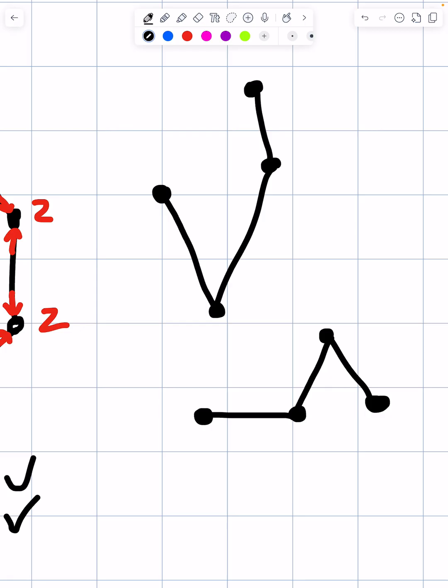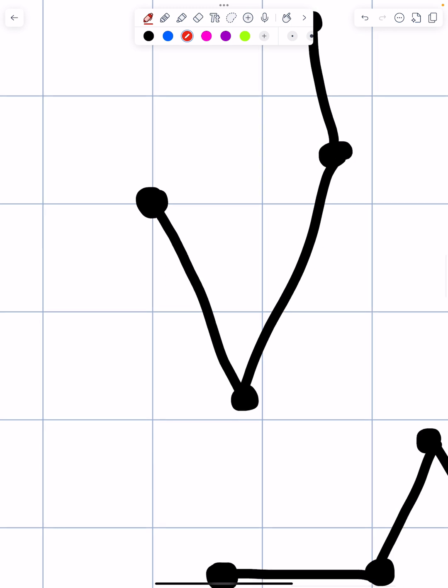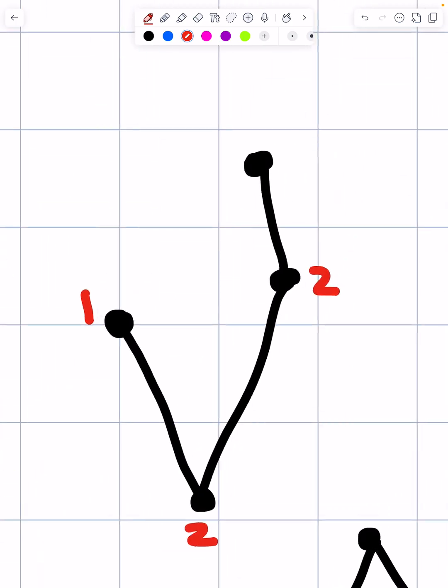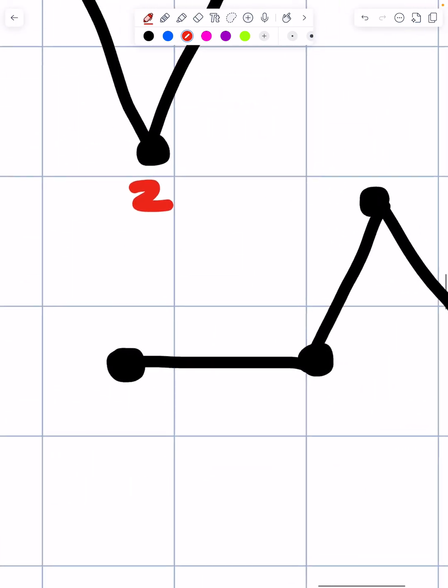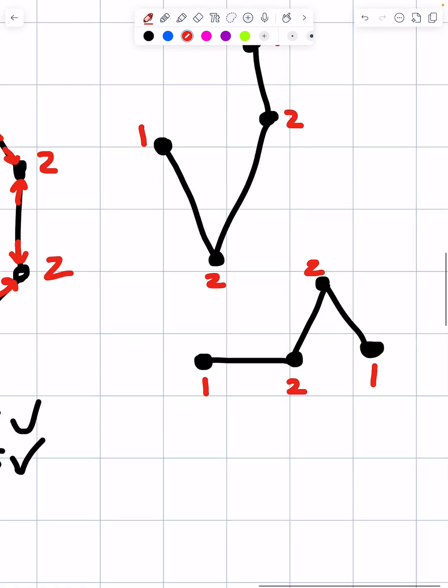So, I'm assuming you paused it, and now you're coming back to it. I don't know how long to wait for this, but let's try to do this. What degree is this vertex? 1, 2, 2, 1. And here we have 1, 2, 2, 1.